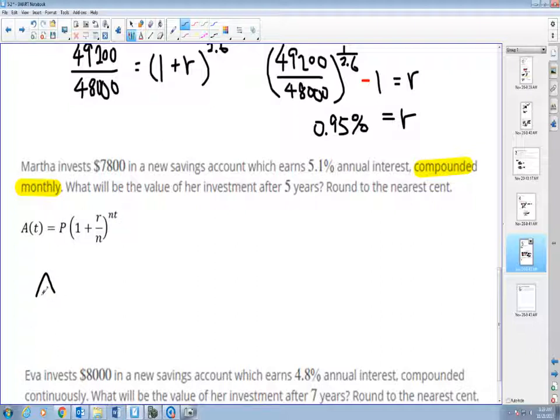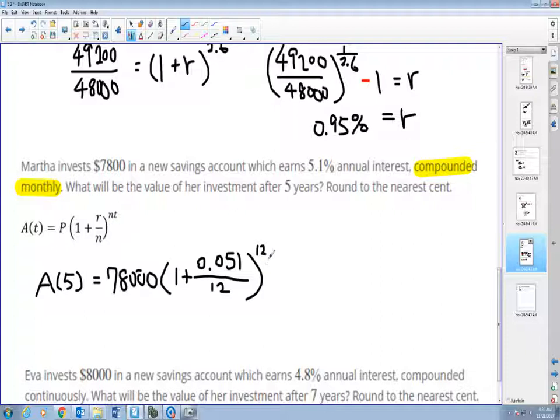Alright, so the amount of money after 5 years will be the principal times 1 plus the interest rate 5.1%, which is 0.051, over n, compounded monthly so n is 12, whole thing raised to the n times t power, n is 12 times t is 5 years.